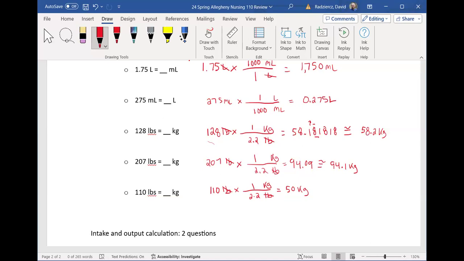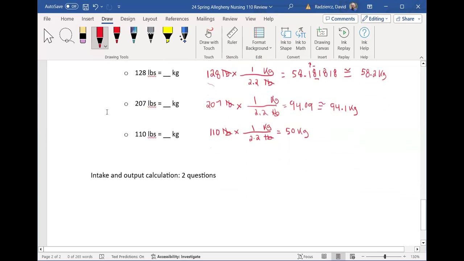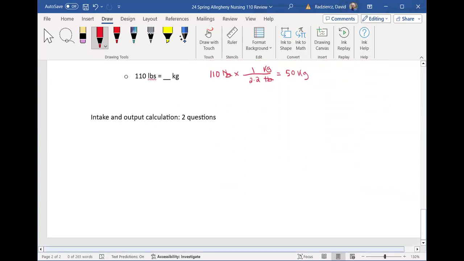All right. Let's work on some intake output calculations. So just give me a second because I have to pull up the scenario that we use. So I have it.